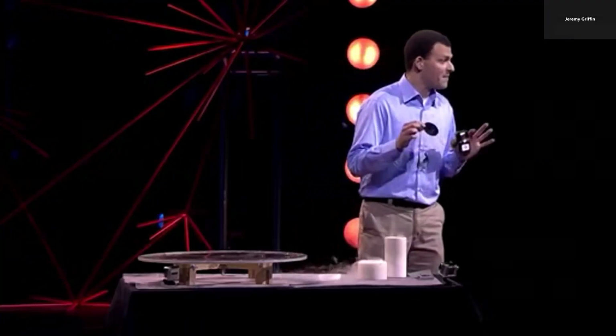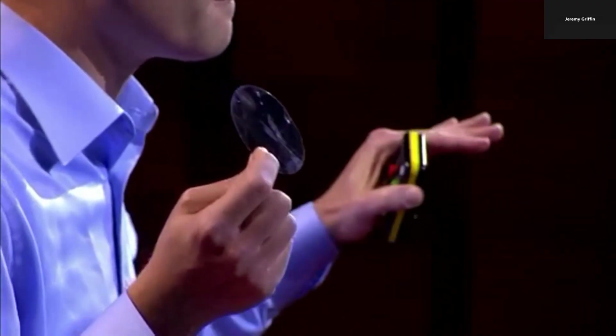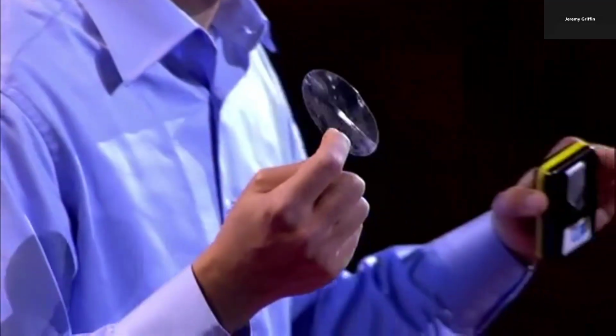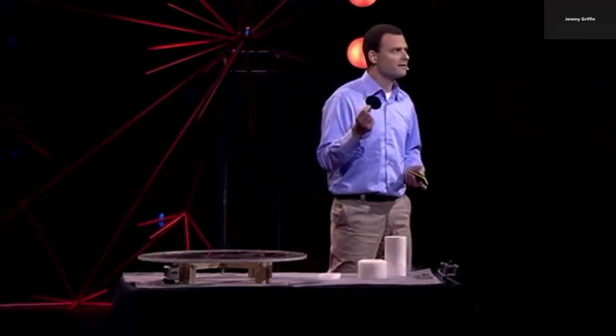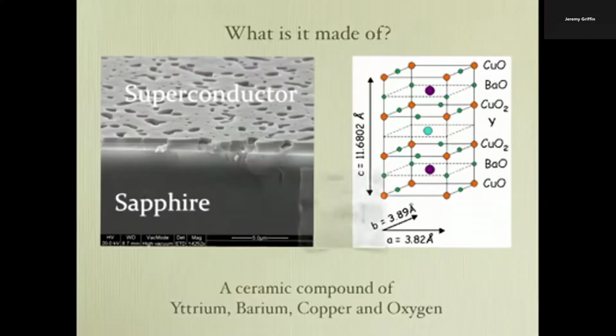The amazing part is that this superconductor that you see here is only half a micron thick. It's extremely thin. And this extremely thin layer is able to levitate more than 70,000 times its own weight. It's a remarkable effect. It's very strong.